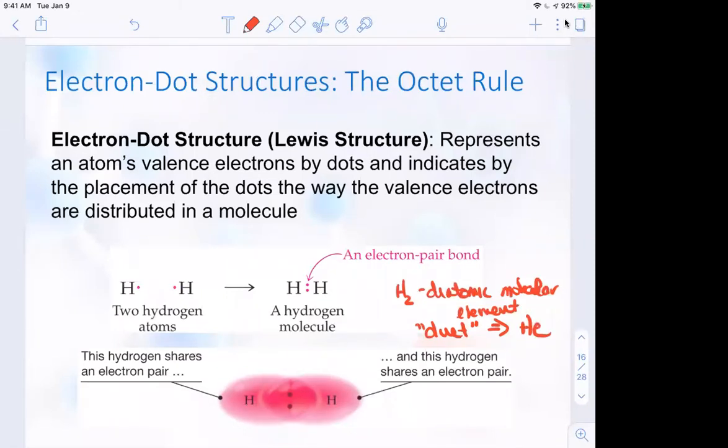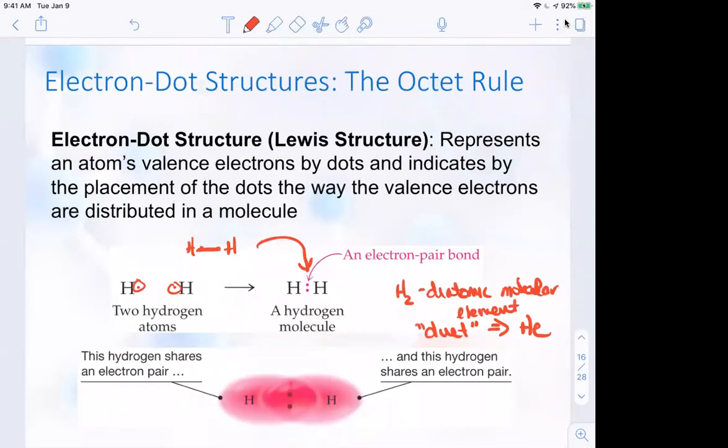Each hydrogen atom has 1 valence electron, right? So if I just put that one valence electron and I connect the dots, what I'm going to end up with is an electron pair that forms a bond between those two hydrogen atoms. That bond is now a covalent bond in the hydrogen molecule.